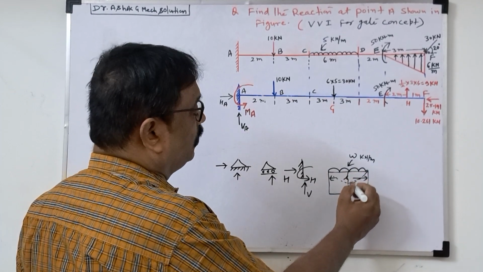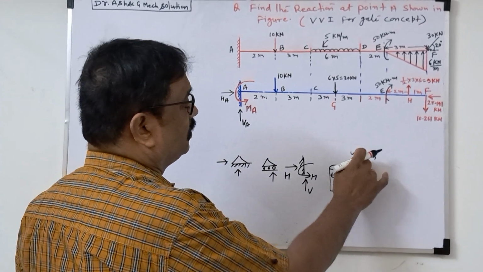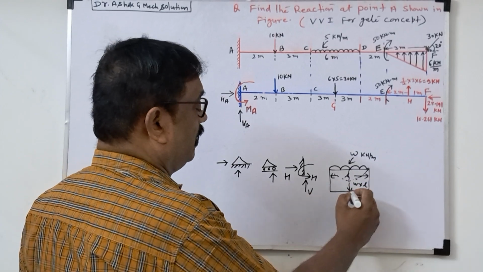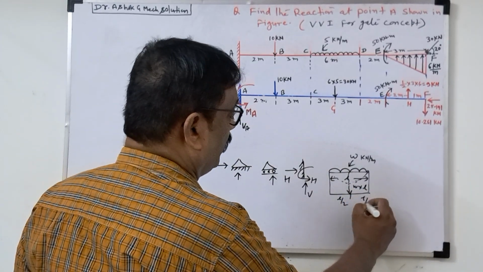So the load will act in the middle. W into L, where L is length: kilonewton per meter into meter gives kilonewton. So the load is WL, and its distance will be L by 2.